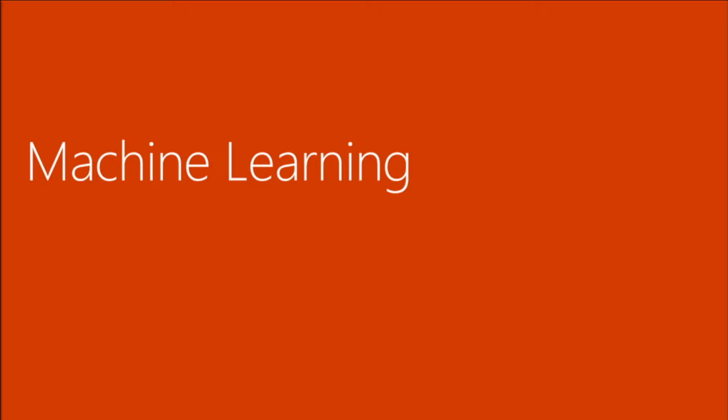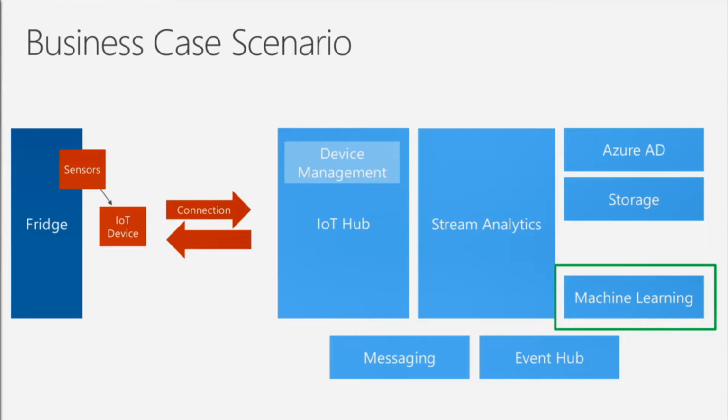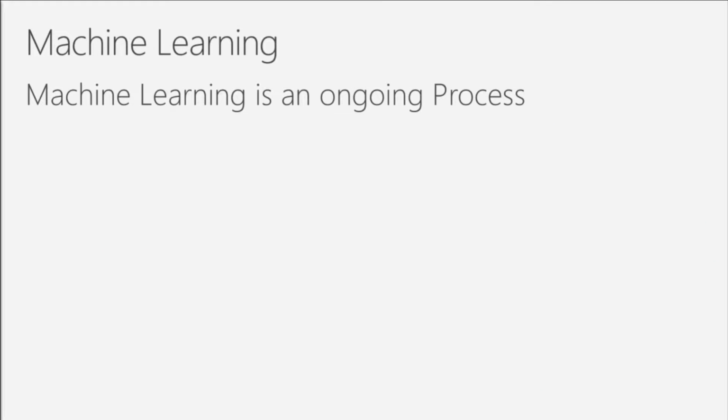Then we have machine learning for the predictive maintenance. How can we add real predictive maintenance on this? But we found out that machine learning is an ongoing process, and we cannot tell you how we can obtain it at best. So I will show you a calculation example we did.